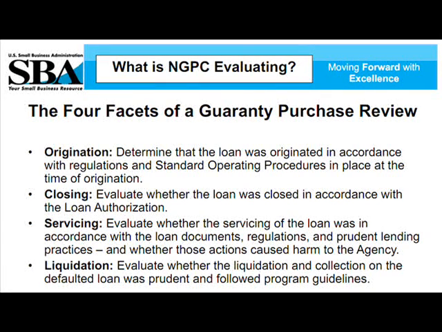One example that's frequently used is the borrower is required to get life insurance, and you neglected to require the life insurance and the collateral assignment of policy at the time the loan closed. And lo and behold, the borrower goes into default, and there's no life insurance on the guarantor.